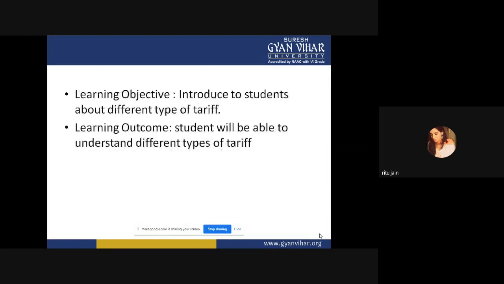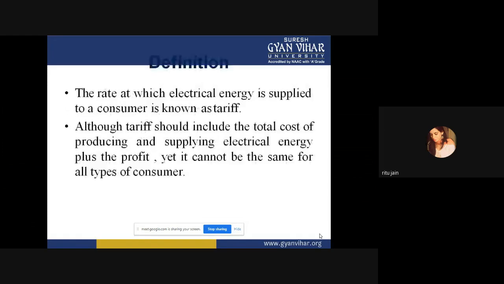What are the learning objectives? The learning objective of this lecture is to introduce the students to different types of tariff, and the learning outcome is that students will be able to understand different types of tariff. First we will discuss the definition.